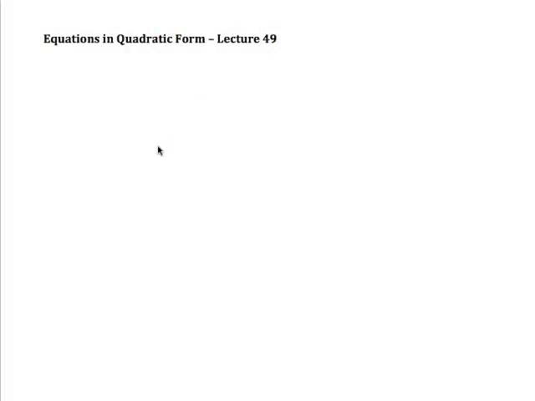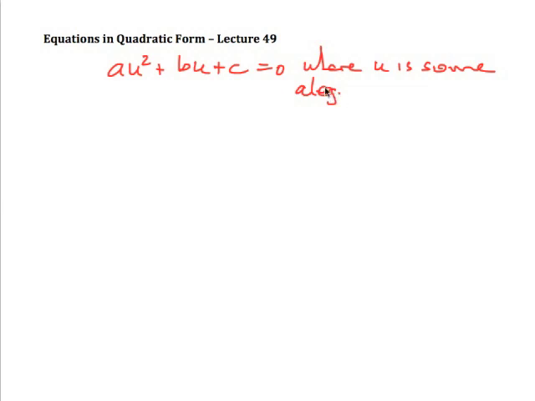Okay, in this lecture we're going to talk about equations that are in quadratic form, even though they are initially not a quadratic, just in one variable. And this comes from a form that says this. Let's suppose I have au squared plus bu plus c is equal to 0, where u is some algebraic expression.